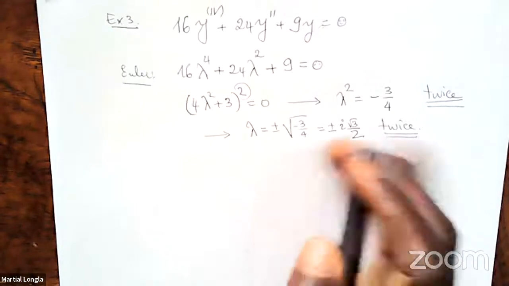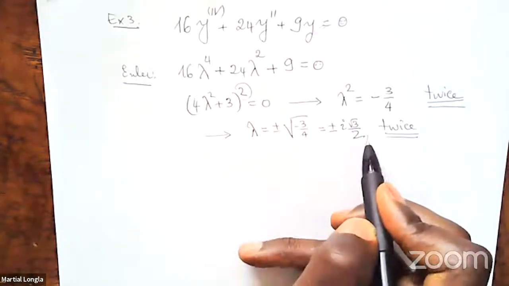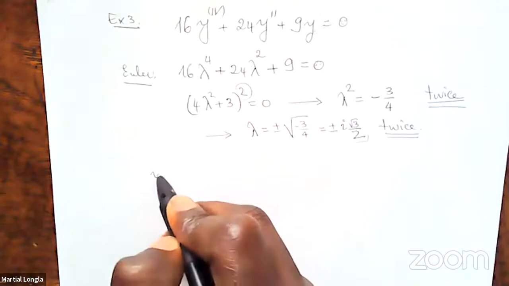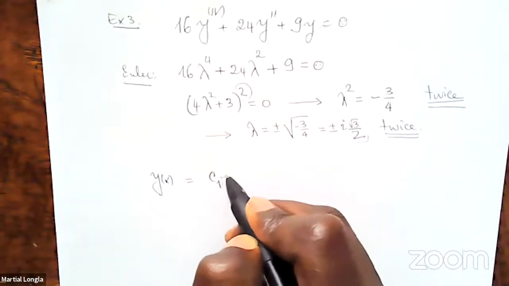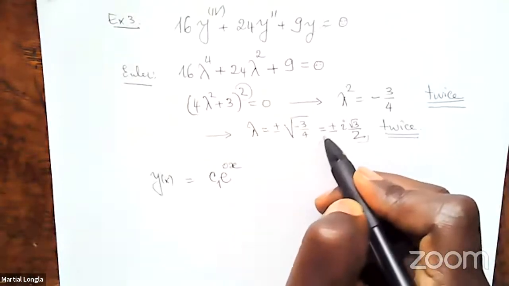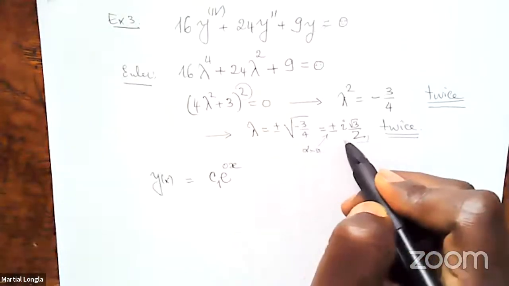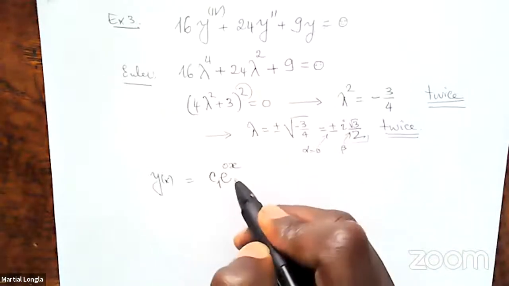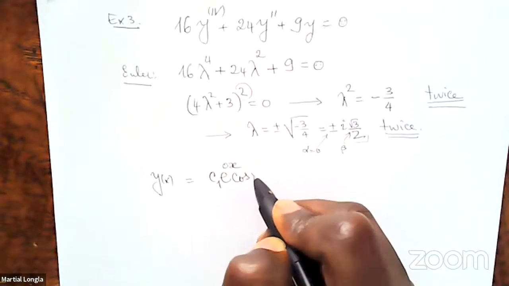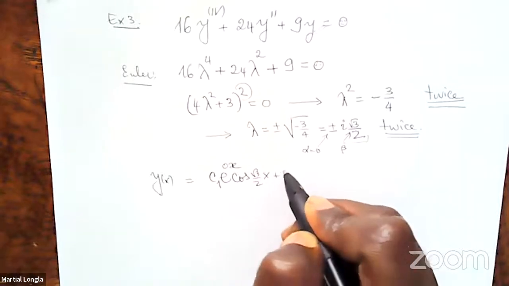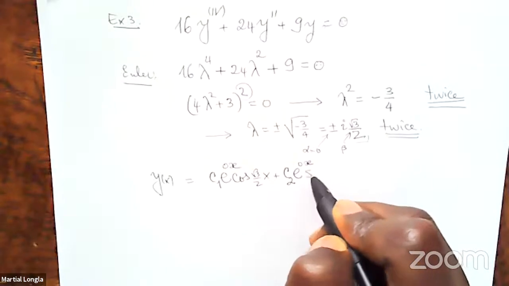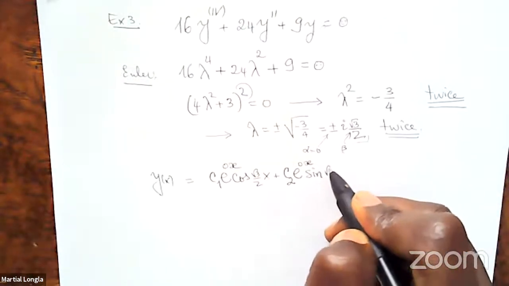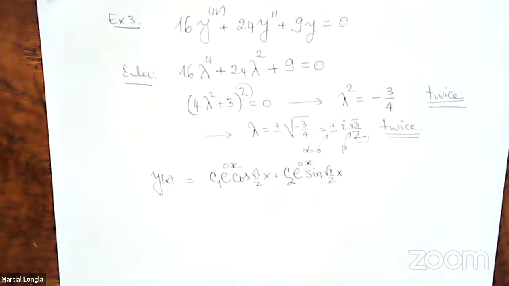So if the answer was just this without the twice, then we would have y of x equals c1 e to the 0x, because alpha is 0. That's alpha here, 0, and this is beta, cosine of root 3 over 2 x plus c2 e to the 0x sine of root 3 over 2 x. This is what we would have if it was just this answer.